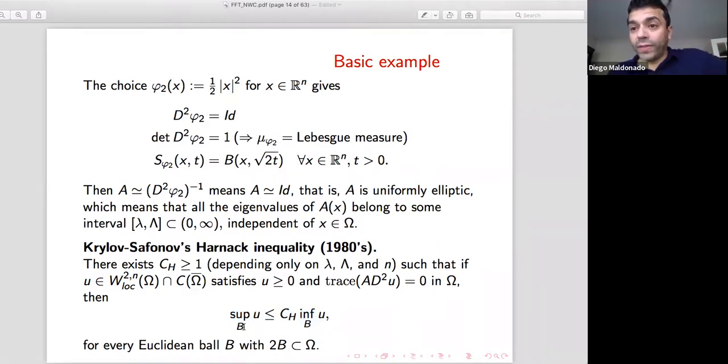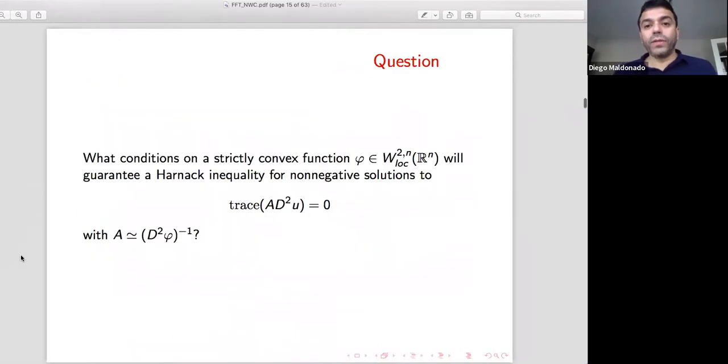It's going to be the geometry of the sections. So that's the question. What conditions on the strictly convex function phi guarantee that there's going to be a Harnack inequality for non-negative solutions, when the A is now comparable to the Hessian inverse of the phi? All right, that's the premise, and that's the question.